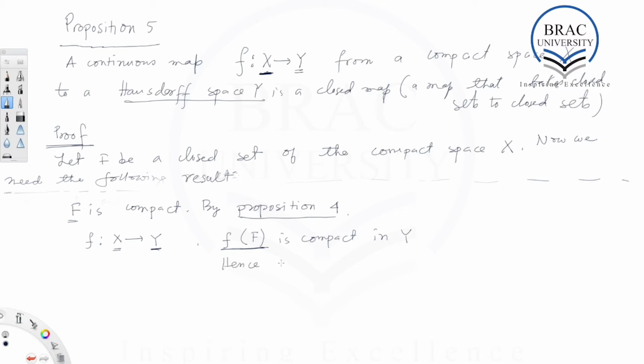Hence, f of F is closed in Y by proposition 3. What does it mean? It means that this f is a closed map, okay, which we needed to prove.